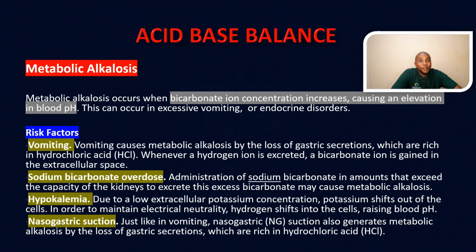Another cause which can make a patient develop metabolic alkalosis is nasogastric suction. Just like vomiting, nasogastric, or NG suction, also generates metabolic alkalosis by the loss of gastric secretions which are rich in hydrochloric acid.